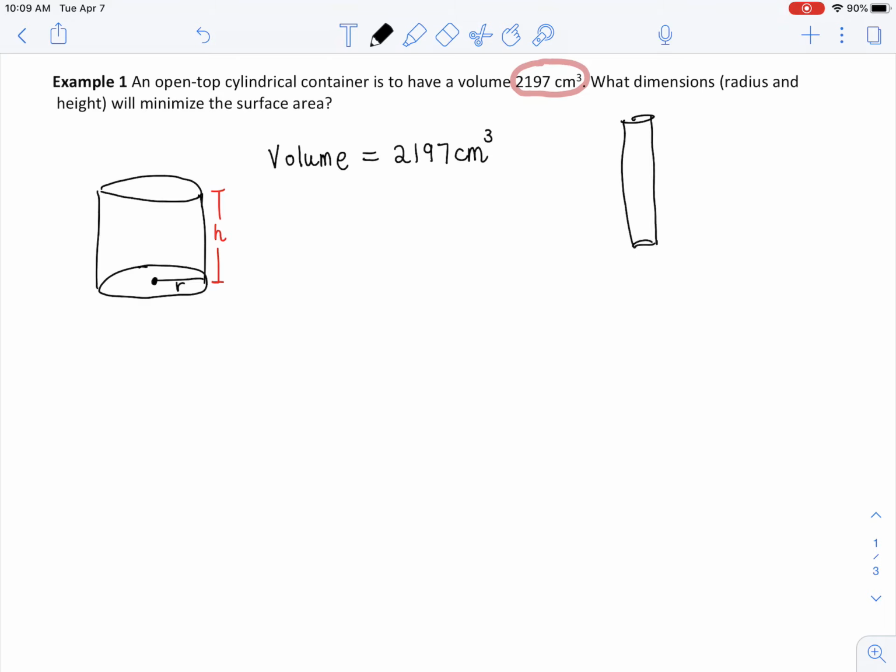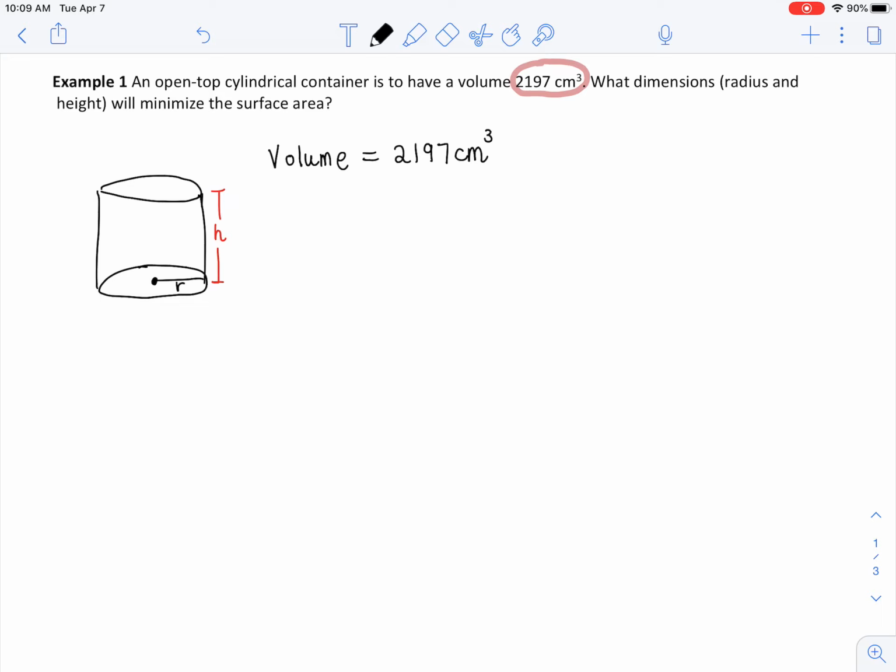We call that the constraint. That's a restriction. We can make this cylindrical container really, really tall, or really, really wide but very short. Doesn't matter, that looks like a cheese. But the constraint or the restriction here is that it better have a volume of 2197.